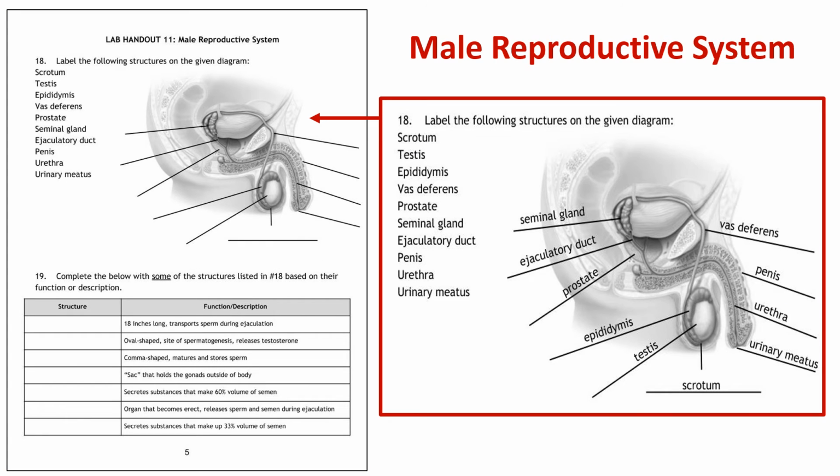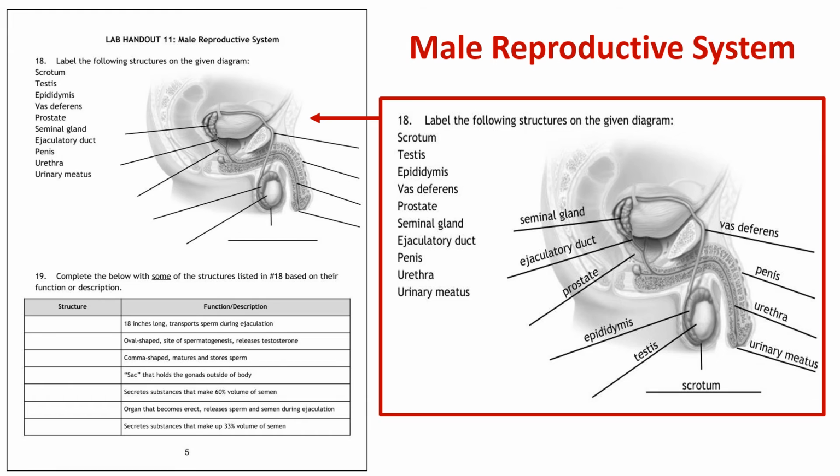Male reproductive system. Label the following structures on the diagram. On the left, we have seminal gland. Then we have ejaculatory duct. Then we have prostate. Then we have epididymis.